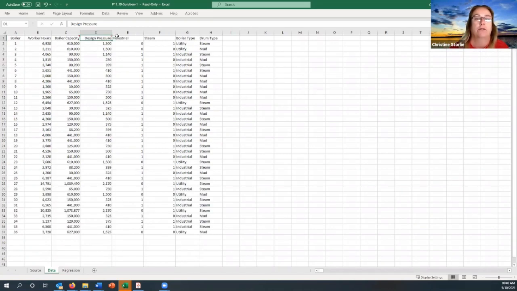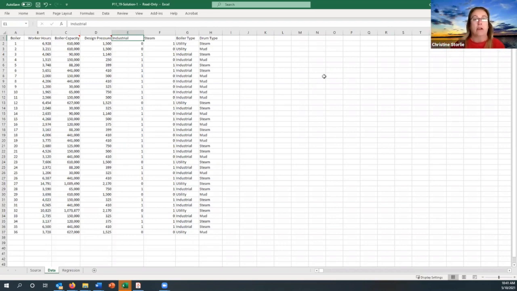The first thing, looking at the original data file, is that boiler type and drum type are categorical variables in words, so we need to translate them into dummy variables, using 1 to represent the condition that is the title of the variable and 0 for no. So 1 is yes, 0 is no. I picked one of the 2 types of boilers, industrial, though I could have chosen utility.